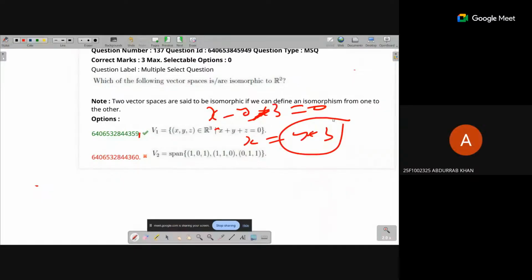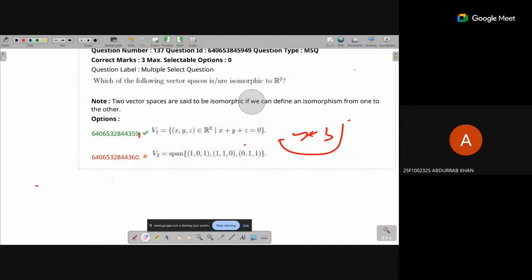So this condition would be false only if there was just x minus y, and we got only one dependency, and that would be rank one. I'm trying to figure out in what condition that first option will be wrong.